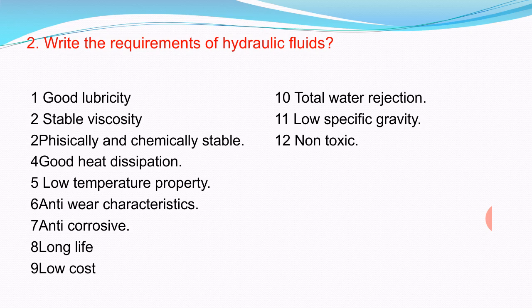Then low temperature property: at low temperature also it should operate. Anti-wear characteristics, and it should be anti-corrosive. Then long life, low cost, and water rejection: it should not be miscible with water. It should have a low specific gravity, and it should be non-toxic for the operator and the mechanic who is repairing it.